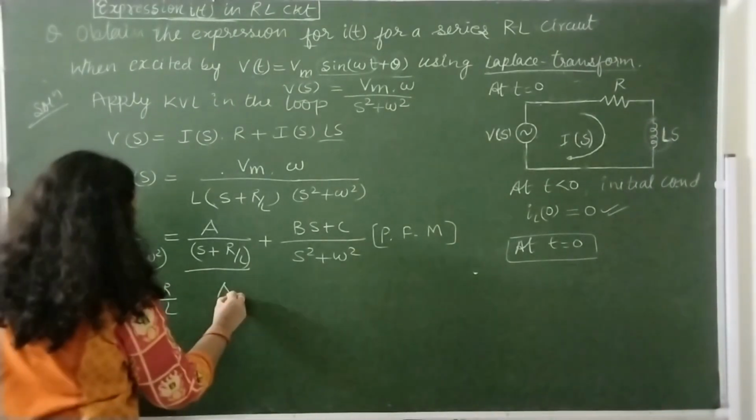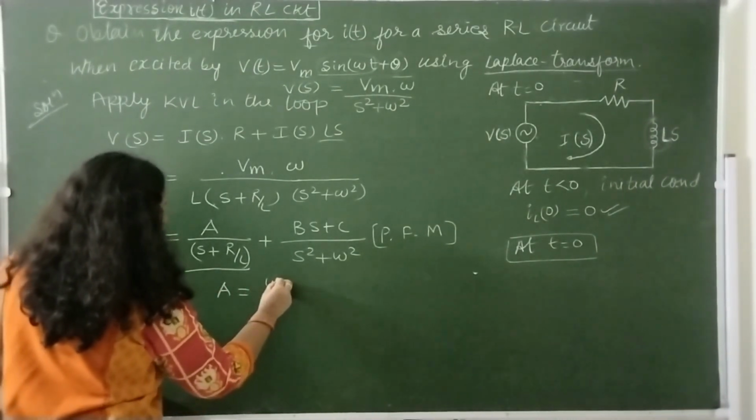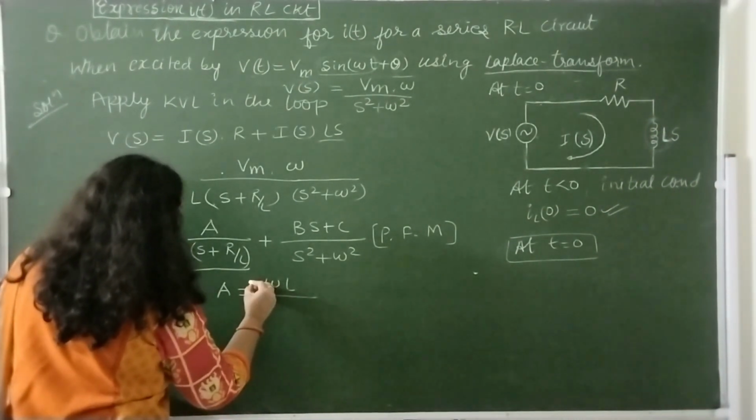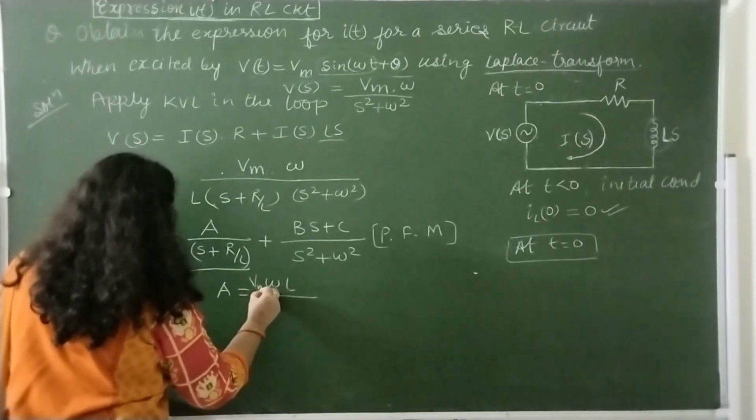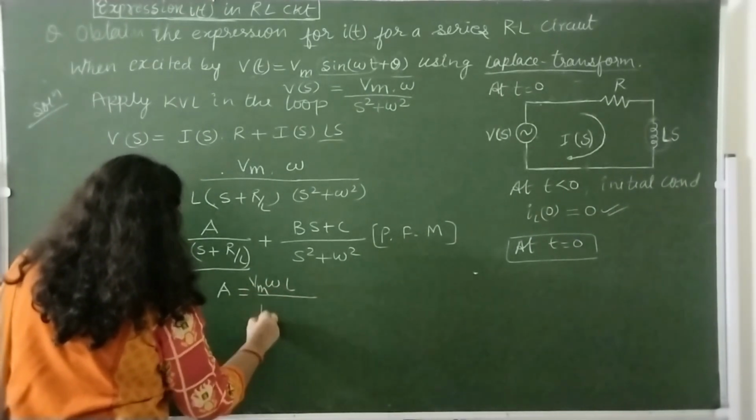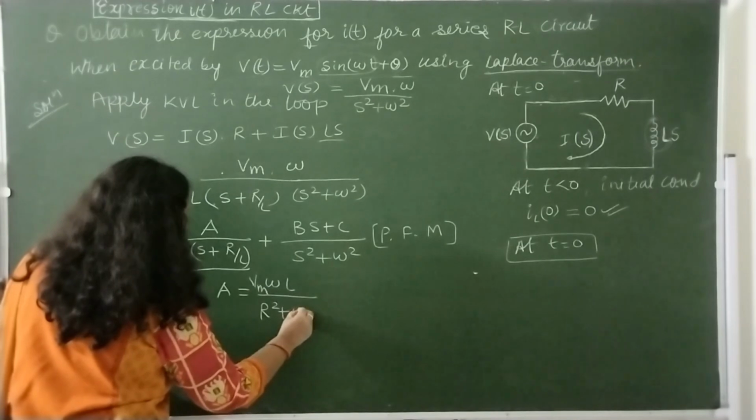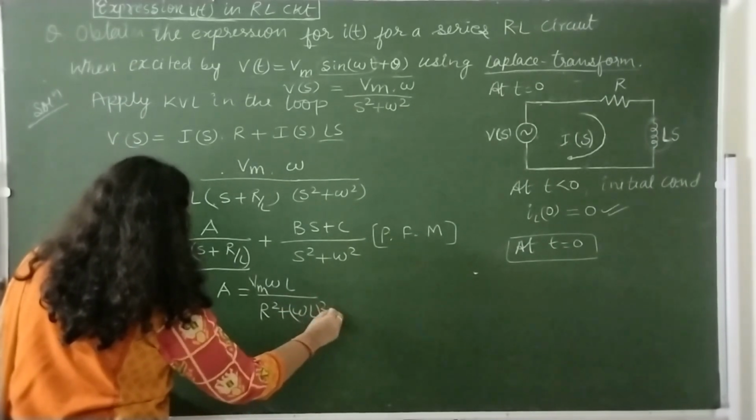Okay, so we will get the value of A, that is equals to omega L Vm divided by R square plus (omega L) whole square.